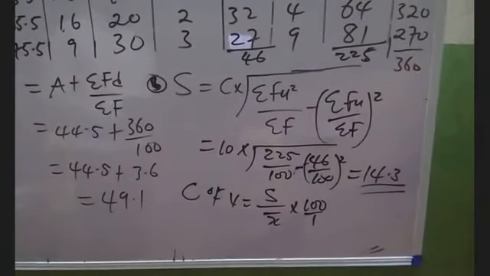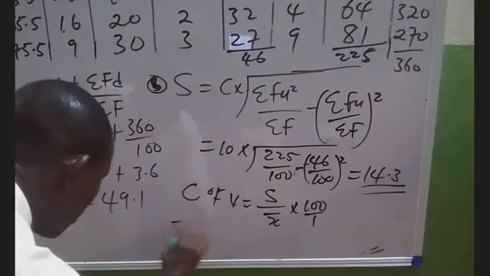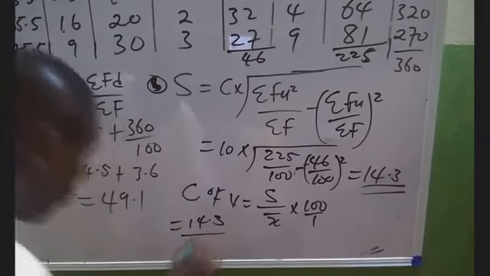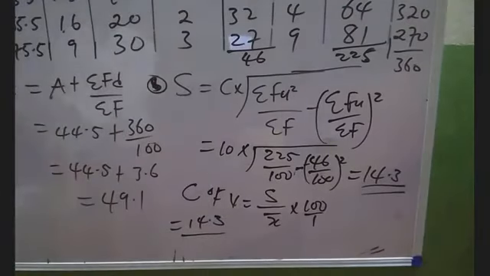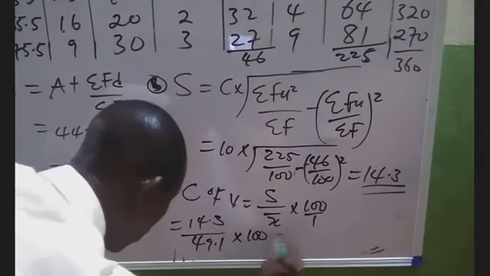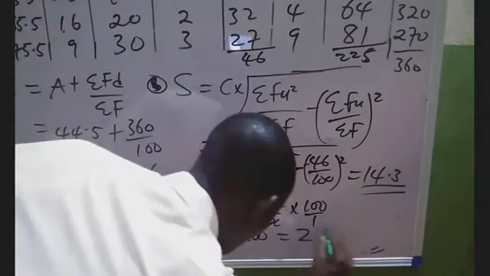So, quickly, we have 14.3 over x bar. We solve for x bar, which is 49.1, times 100, and that will give us about 28.9%.